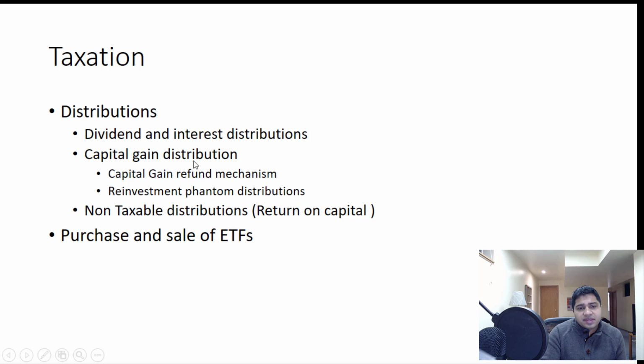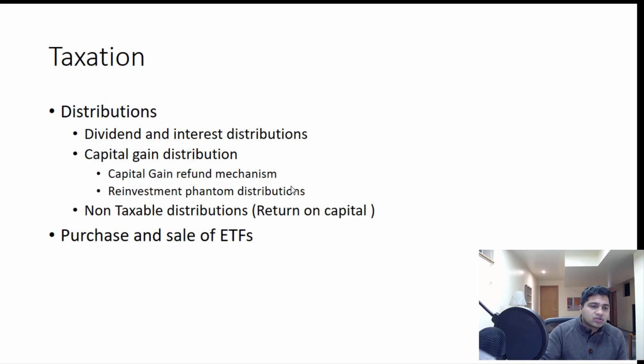phantom distributions. The capital gain refund mechanism applies when you have already paid some tax. It generally happens when reinvestment is there. When reinvestment is there, you have already paid some tax on the distributions you have received.